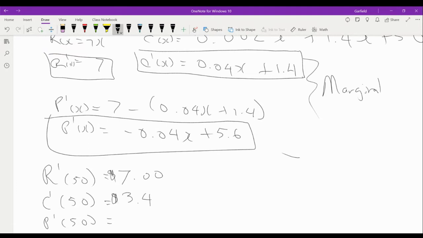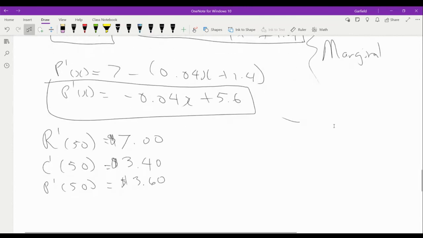And P prime of 50. It's 3.6. And how did you get 3.6? Can you explain how you got 3.6?